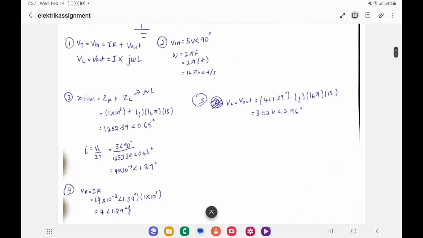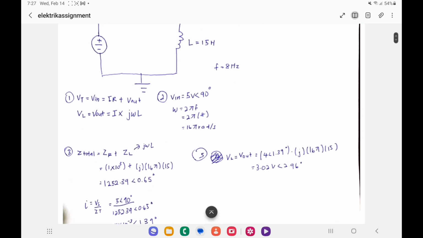And then we need to find Z total first. The formula to find Z total is Z total equals ZR plus ZL.